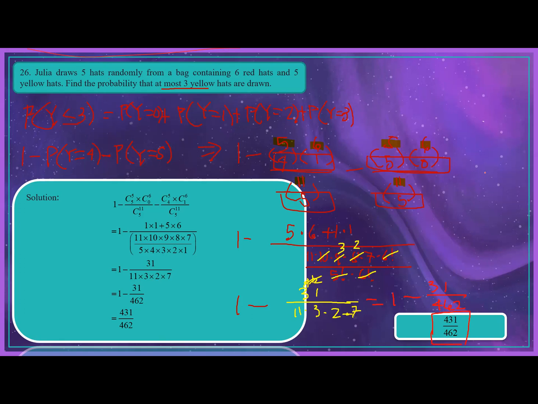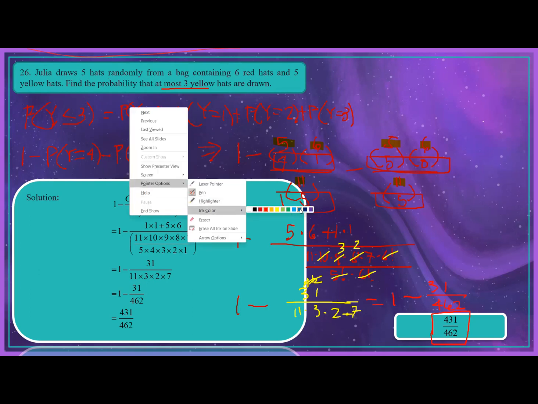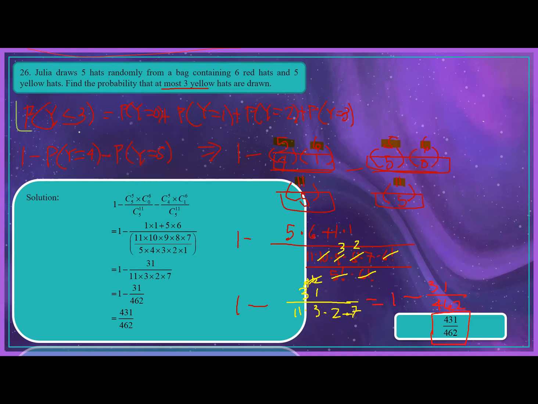So any question? And imagine if you do 0, 1, 2, and 3 instead. Basically you're adding two more terms, so basically twice the amount of time. So at least for this kind of solution, you save half of the time. The only problem if we do the first equation is that it's time consuming, and in competitions, time is your enemy.